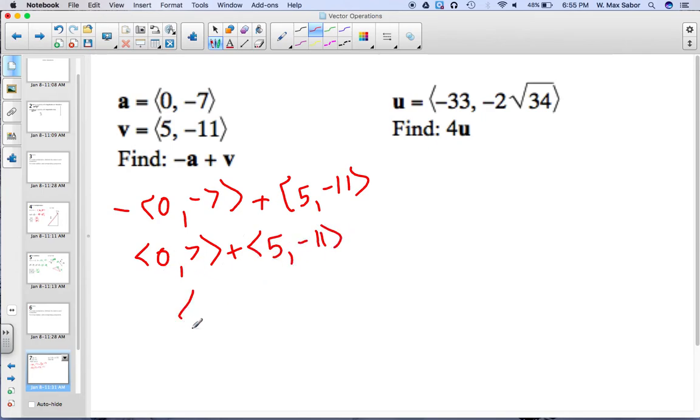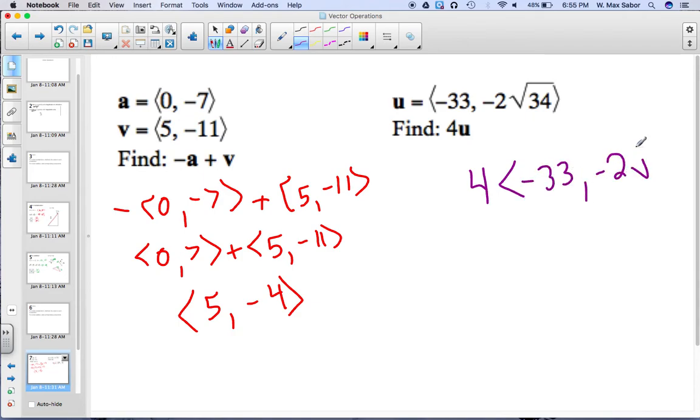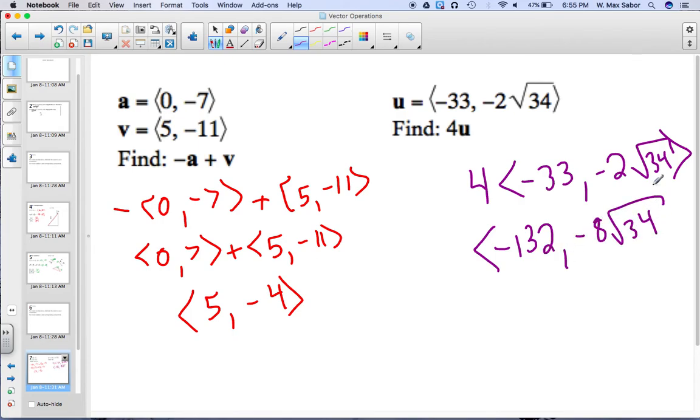So 0 plus 5 is 5. 7 plus negative 11 is negative 4. So that's the vector. Same thing here. When we have 4 times this vector, we just distribute in 4 into both components. So this is negative 132, negative 8 squared is 34.